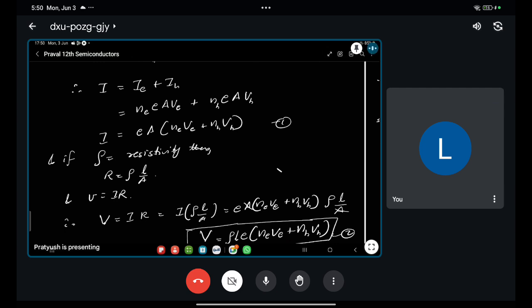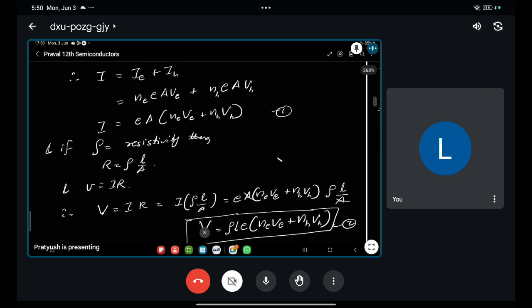Now area of cross section will be cancelled out. V = rho L e (Ne Ve + Nh Vh). This is what we are getting as potential difference. Nothing we did, we just substituted the formula of resistance, rho L by A, and Ohm's law, V = IR.